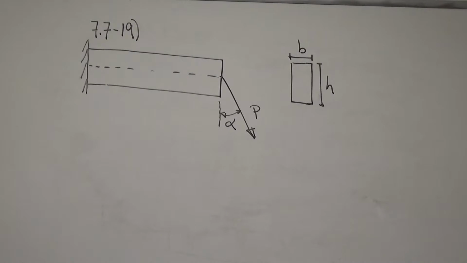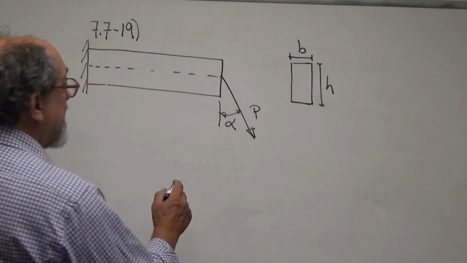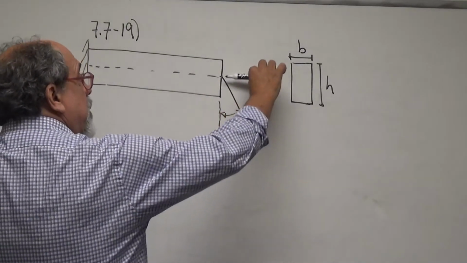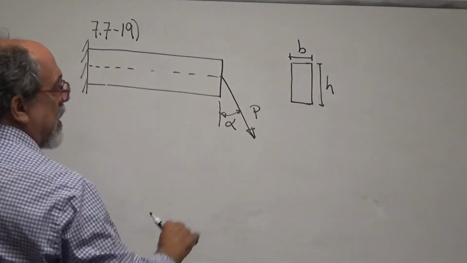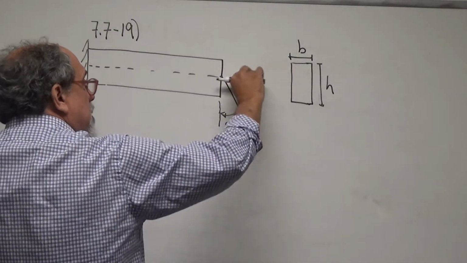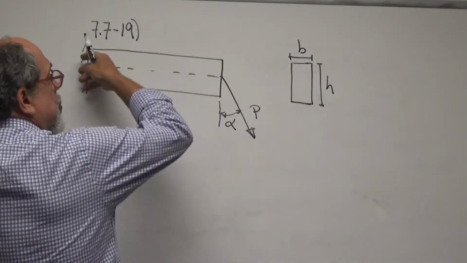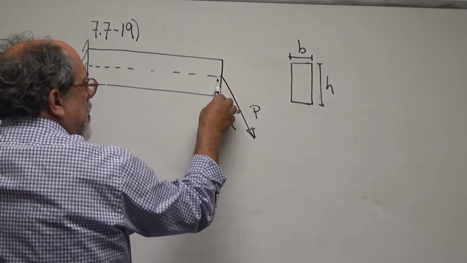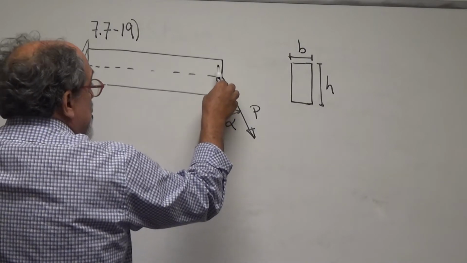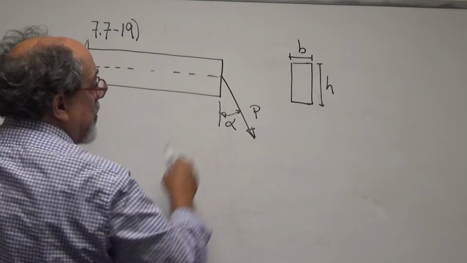Now, we can see that this P has two components. One component is along the bar and one component is perpendicular to the bar. The component along the bar will produce tension on this bar because it's pulled. The component perpendicular to the bar will produce shears and moments throughout this bar.